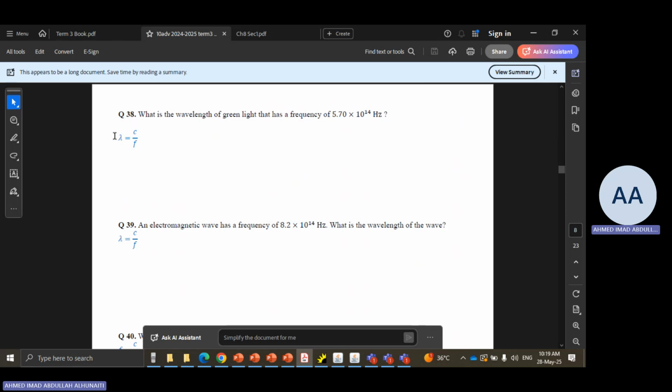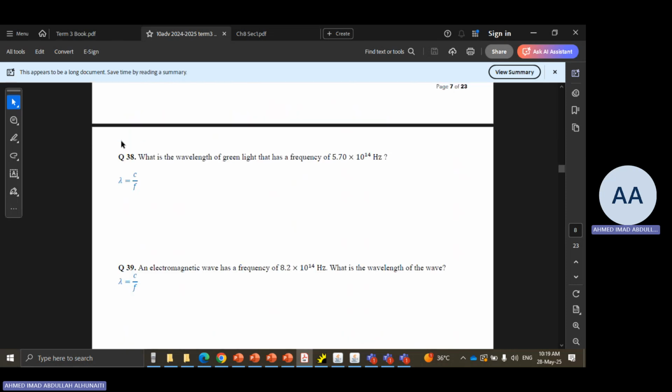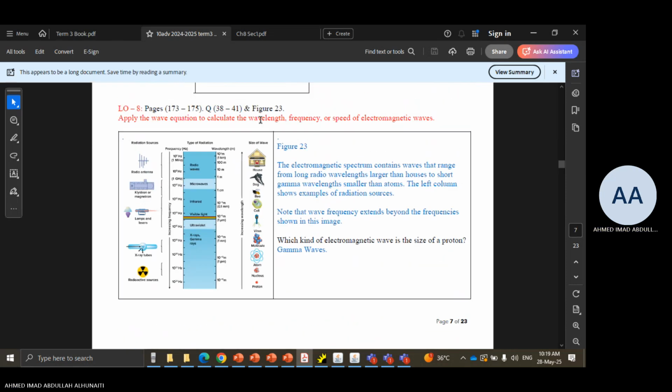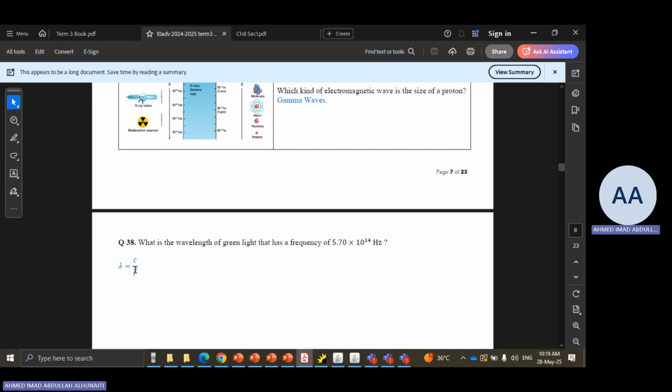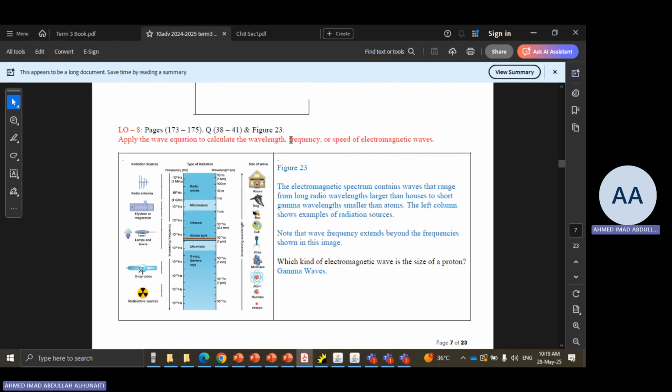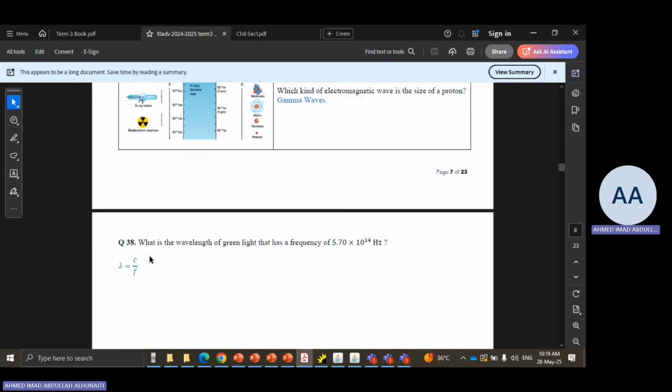So what do these terms refer to? Lambda is the wavelength. f is the frequency. And c in this case refers to the speed, but this term c is generally reserved for the speed of light in a vacuum. However, we're not sure if the electromagnetic wave is traveling through a vacuum. That's why I prefer the term v instead of c.